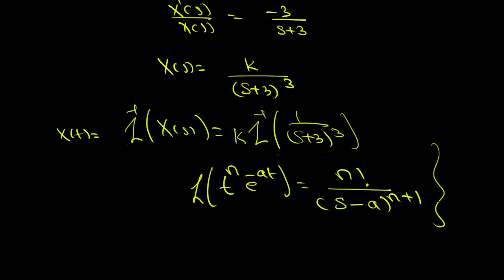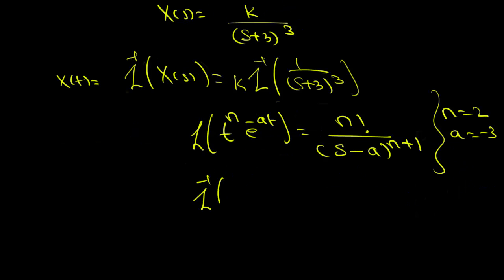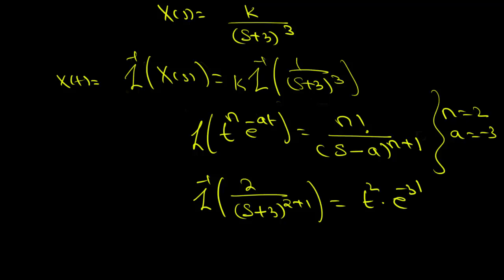Here we have n equal to 2 and a equal to −3. So the inverse Laplace of 2 over (s + 3) to the power of 3, which is 2 + 1, is t² e^(−3t).